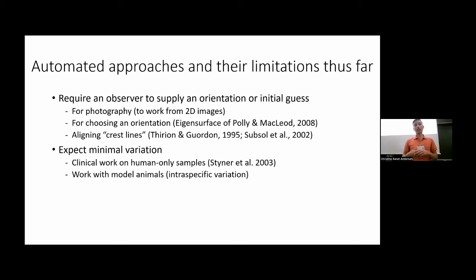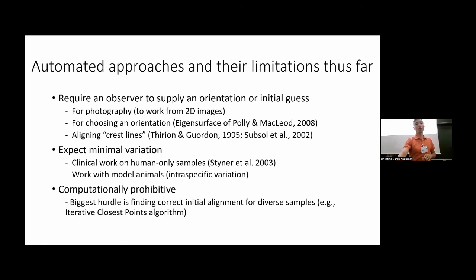Some of the ones that you see published in the literature in medical imaging or neuroimaging are working on samples with narrow ranges of variation relative to this goal of identifying correspondence among the diversity of mammals or the diversity of vertebrates. And beyond everything else, they can be really computationally prohibitive.